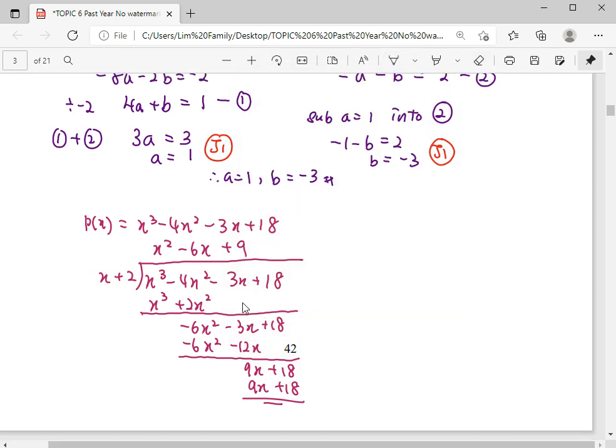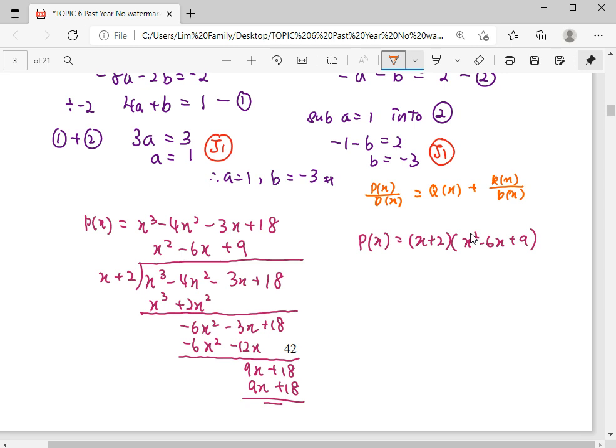So from here we can continue. We write our polynomial in factorized form. Our polynomial will be equal to one of the factors, x plus 2, times the quotient. Its quotient here is x squared minus 6x plus 9, then plus the remainder, which we don't have. So where does this format come from? It comes from this concept, our 6.1. When our polynomial is divided by a divisor, we get a quotient plus the remainder over the divisor.